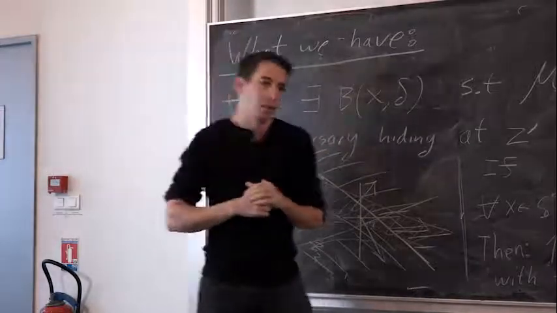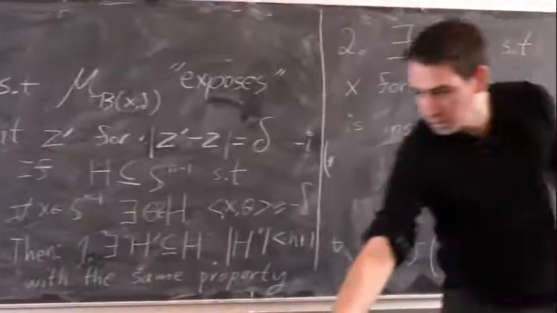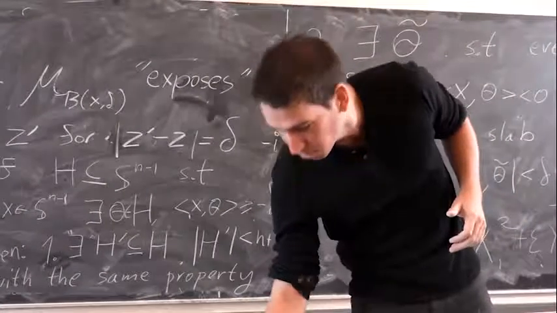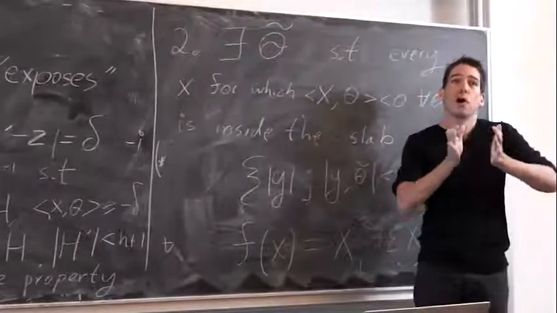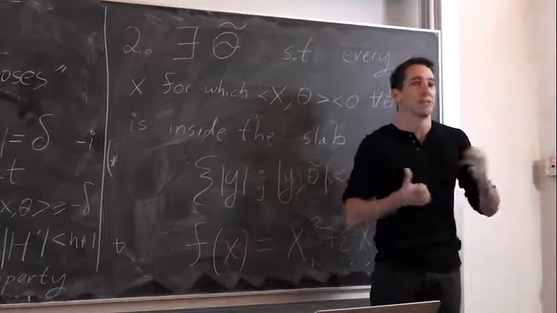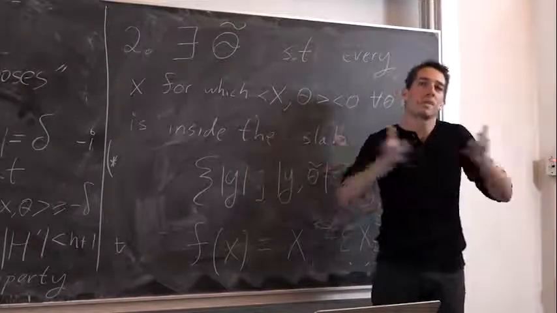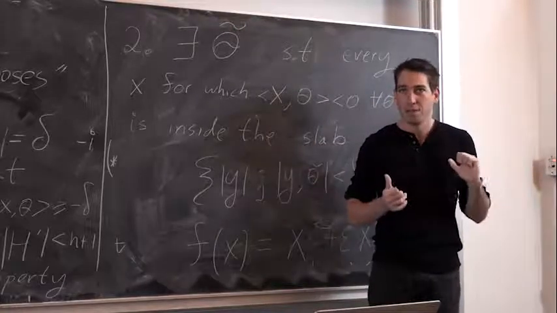And the only thing that still needs to be done, which I don't have any time to do, is we need to claim that this process of rescaling at some point converges to something. I mean, we can keep rescaling, and in the end, what will we have?